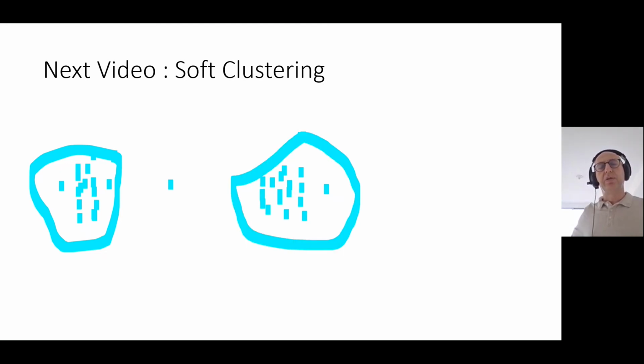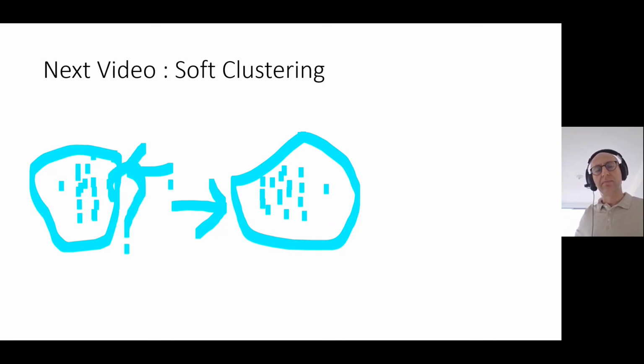It's very easy to cluster the group on the right. But it's very difficult to know to which cluster the point in the middle belongs. So this will be the next video's subject.